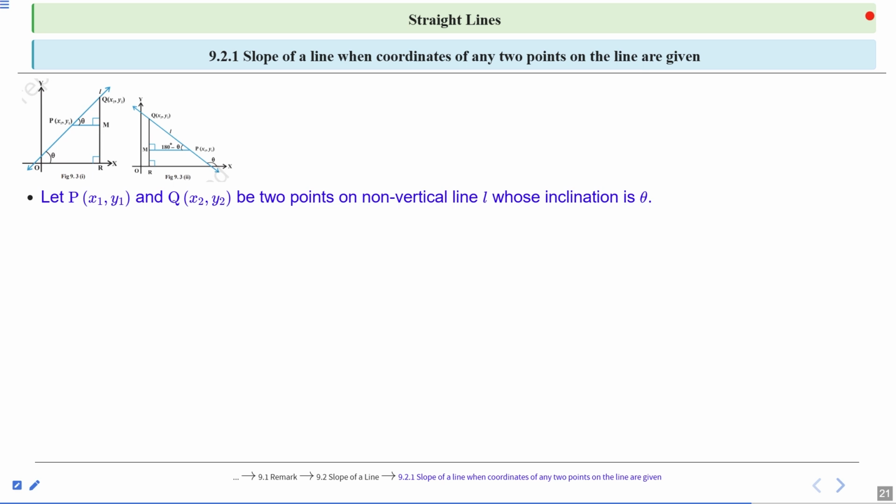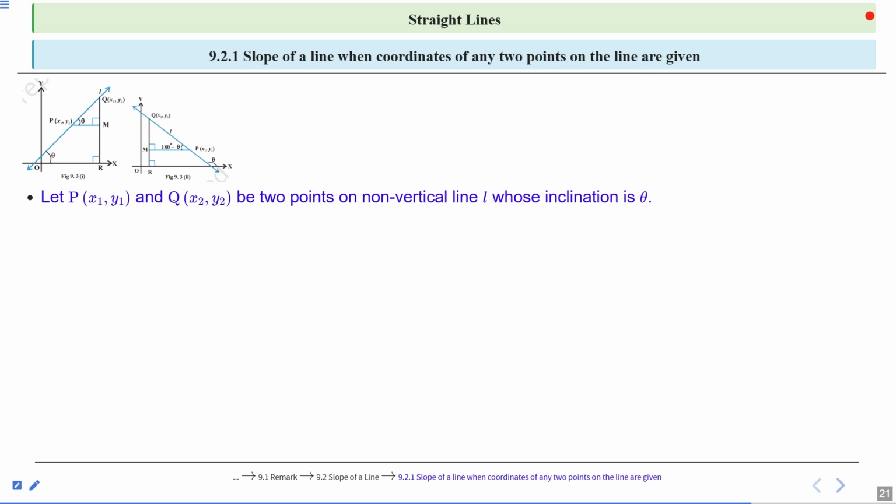If we have a line and we are given 2 points on the line, then what is slope of that line? So first, let P (x1, y1) and Q (x2, y2) be 2 points on non-vertical line L whose inclination is theta.